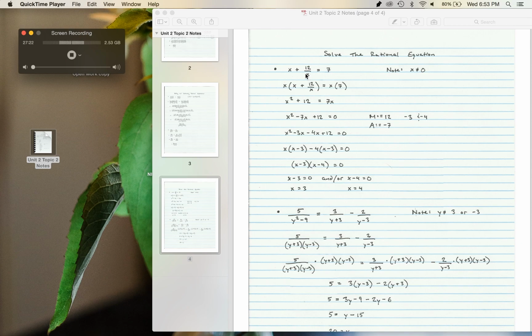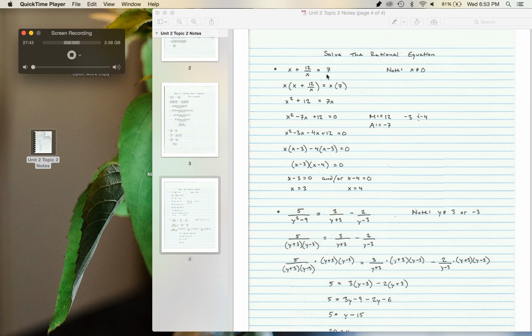In this case, the only thing I have on the bottom of a fraction is a lone x. So if this x were to be 0, this equation would be undefined. So I will write down that x cannot be equal to 0. If it is, this equation is undefined.